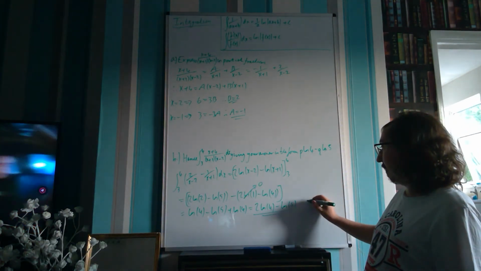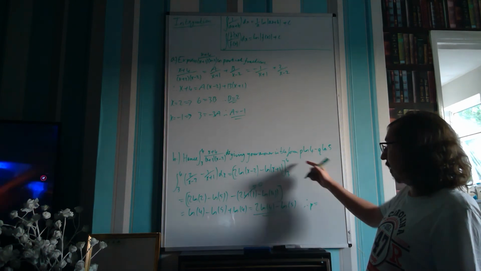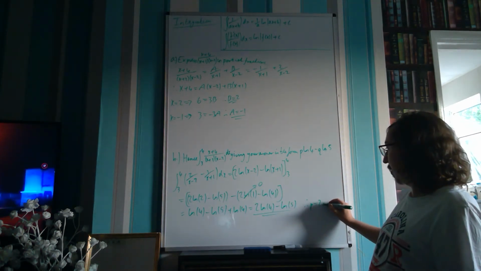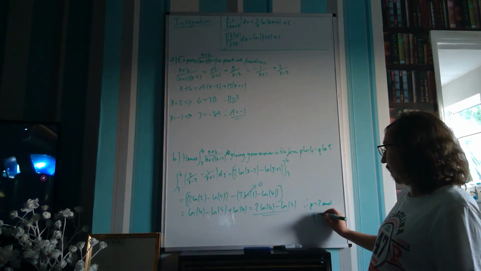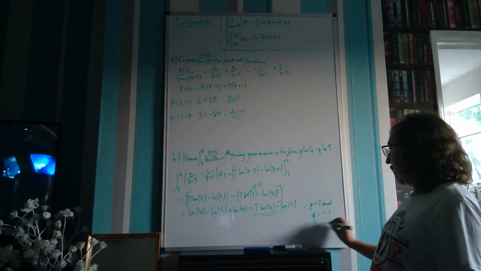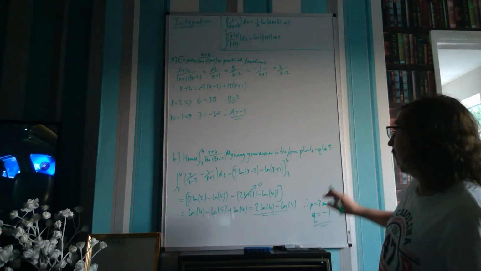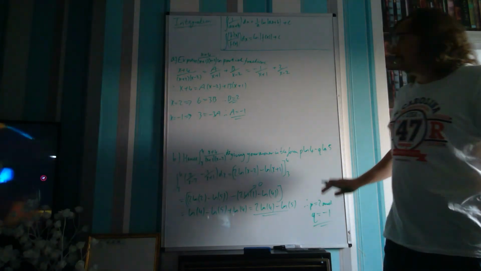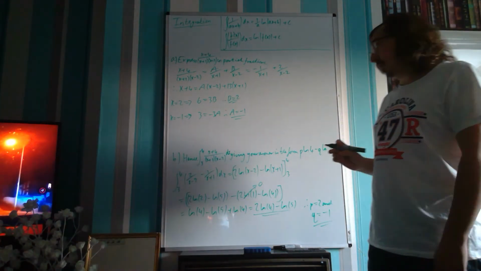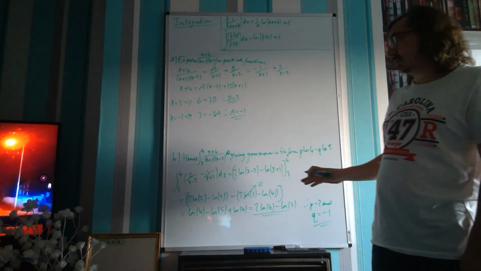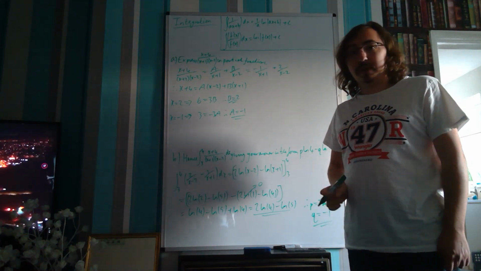So just to clarify that in our form then, we've got our p value, which is 2, and our q value, which is 1. And that is our expression for the integral of (x + 4) / ((x + 1)(x - 2)) between the limits of 3 and 4.